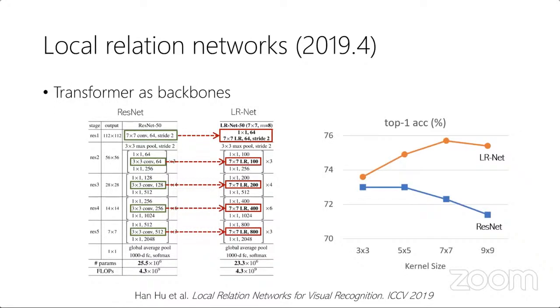Here, we compare this network with ResNet on ImageNet classification. The blue curve shows the results of ResNet, which is based on convolution layers. The orange curve shows the results of our local relation networks. The transformer-based local relation network is 2.7% better than ResNet.